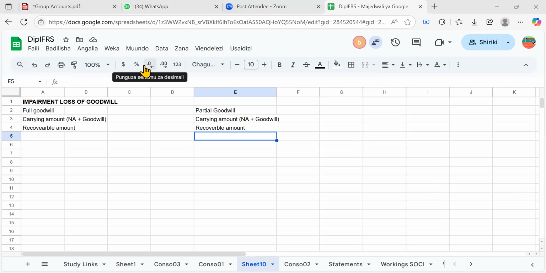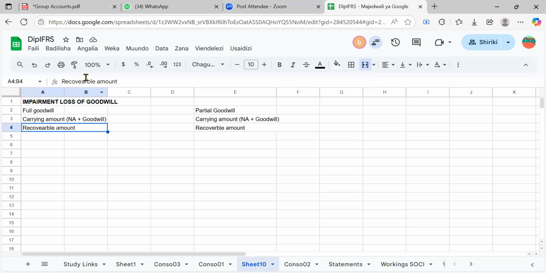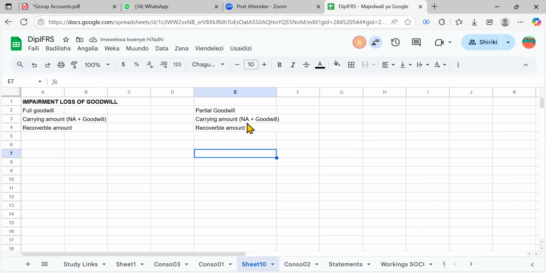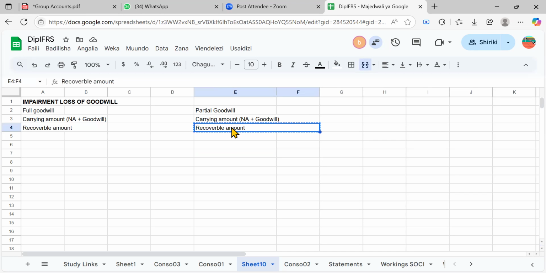Take your proportion and go away. But for the full goodwill, it means everything is accounted for. It is 100%. So you can see the issue here now, right?